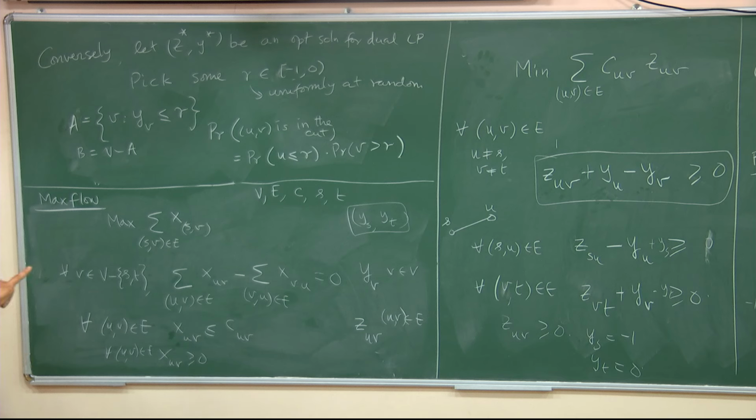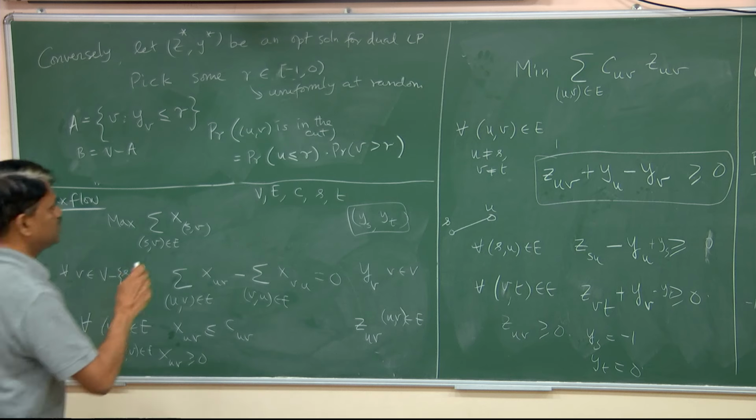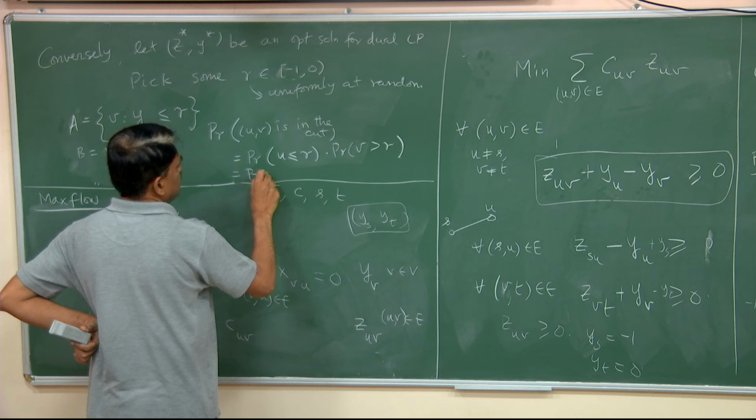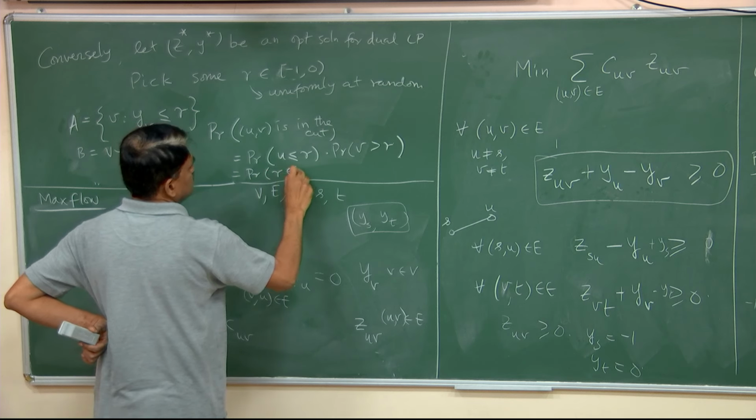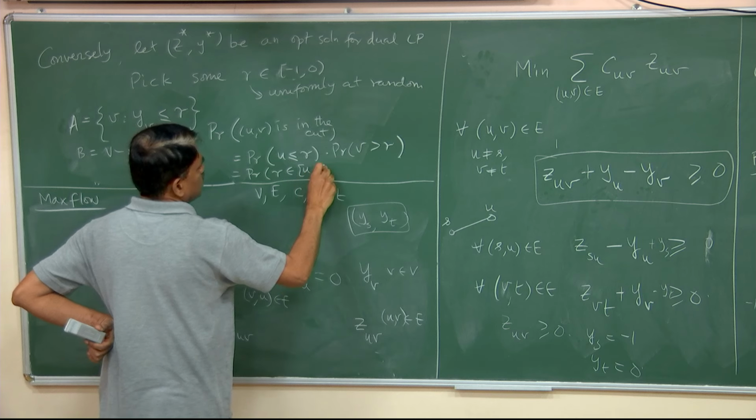That's how it can be in the cut. Which means that my R is in the interval UV. This is the same as saying the probability that R is in this half-closed interval yU, yV.